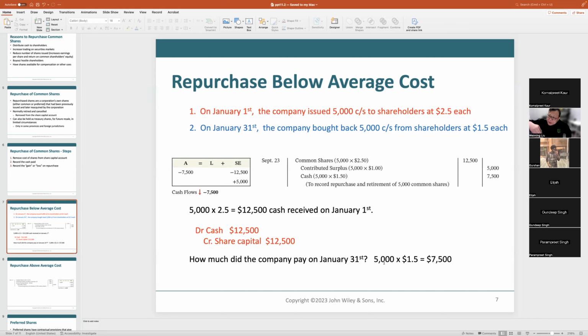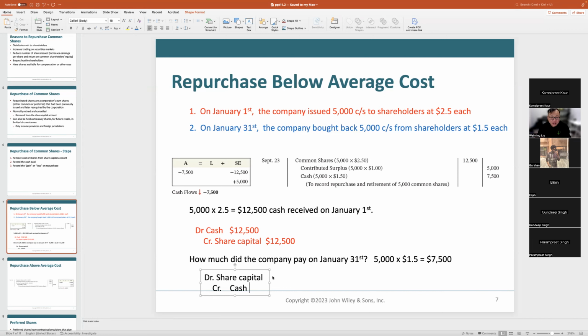But if you decrease your share capital balance, you are going to debit share capital. And you are going to credit cash.